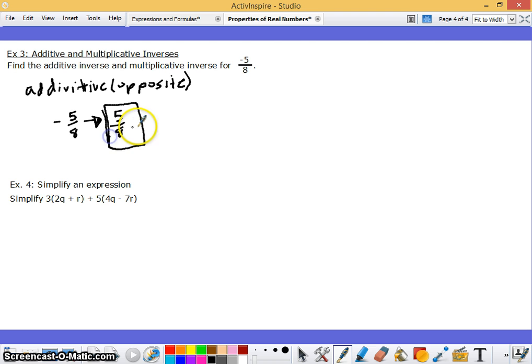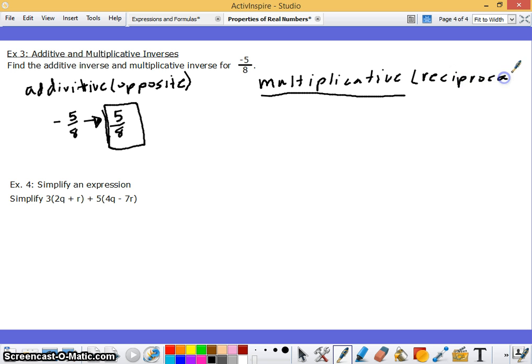That is going to be your additive inverse. Your multiplicative inverse is the reciprocal. Remember that reciprocal means you want to flip the fraction. So negative 5/8 becomes negative 8 over 5. The key here is that the sign stays.